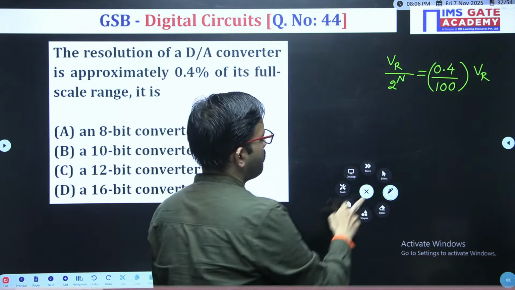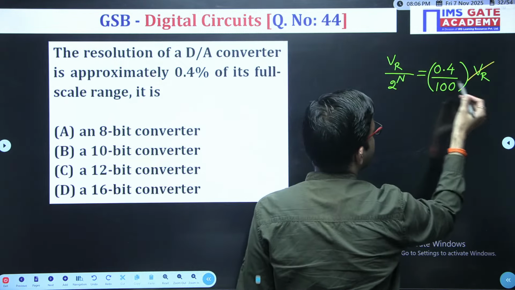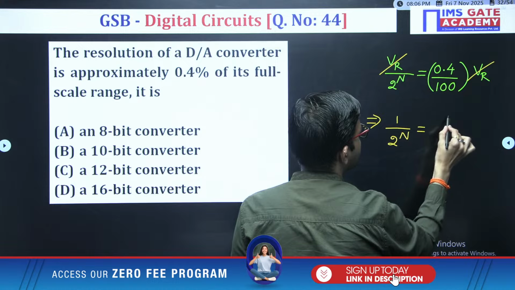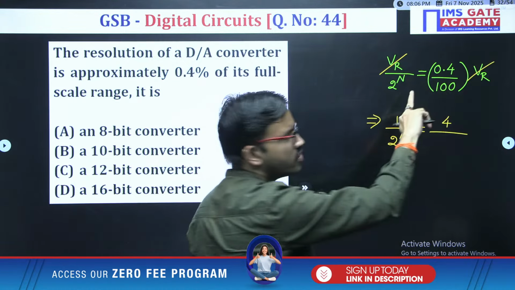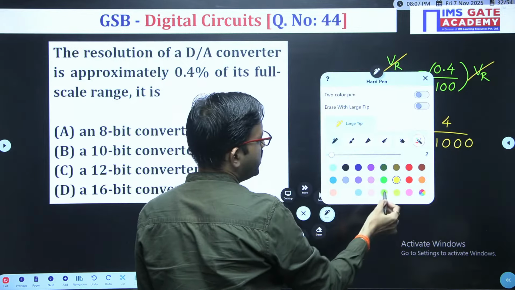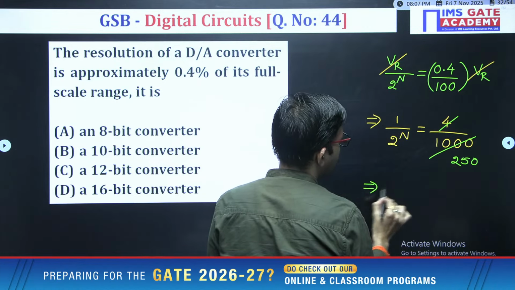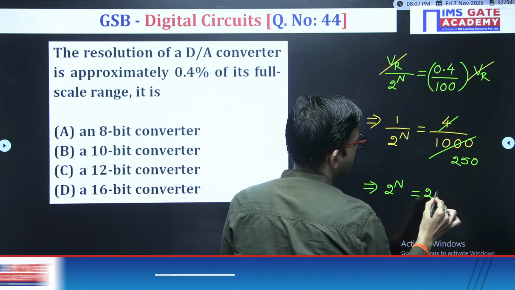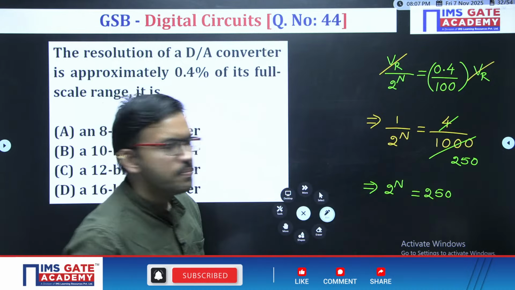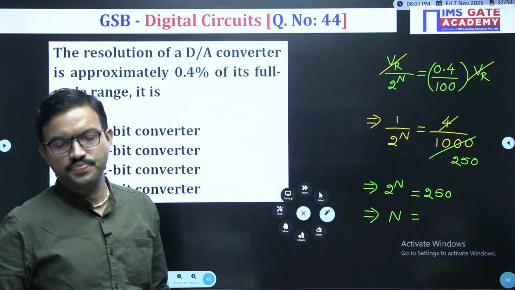Now VR gets cancelled. Then 1 by 2 power n is equal to 0.4 by 100, which you can write as 4 by 1000. Now 4 goes 250 times into 1000, so 2 power n equals 250, because the numerators are both 1 and you can equate the denominators. That means how many bits are required? The N value is going to be what? I hope all of you can answer.